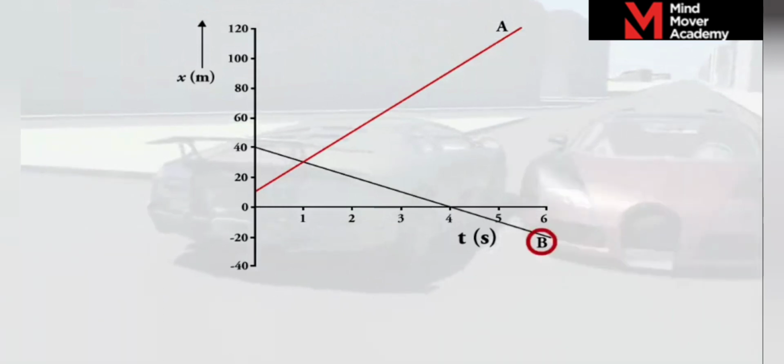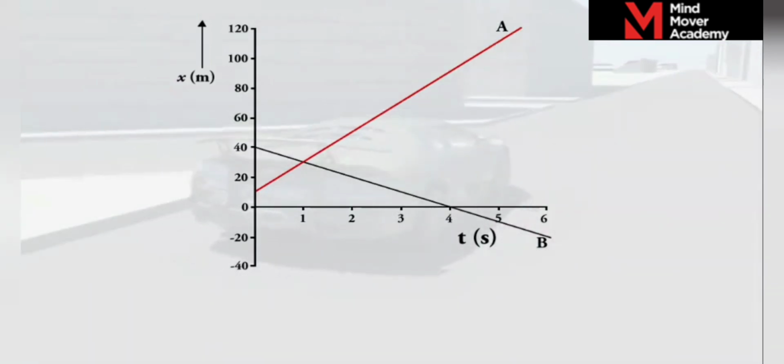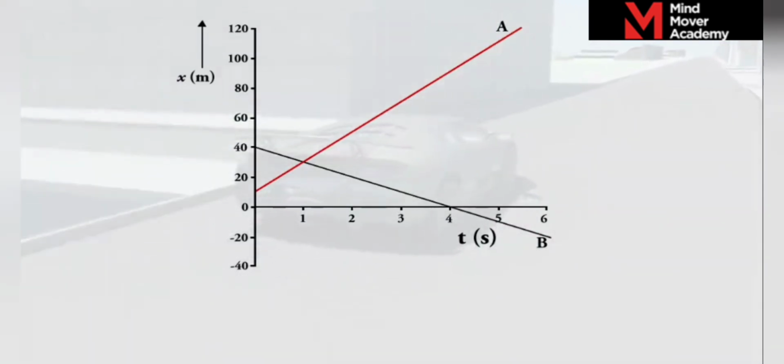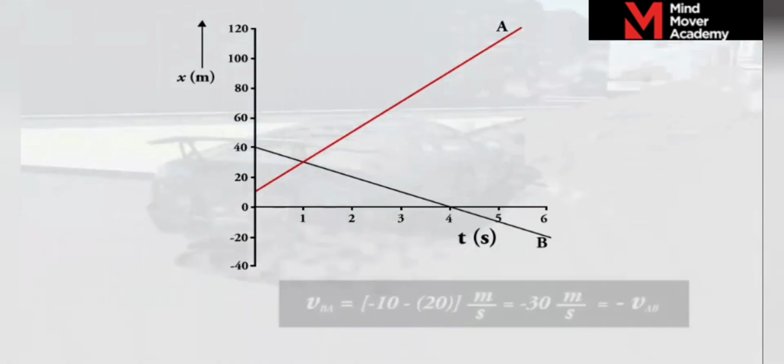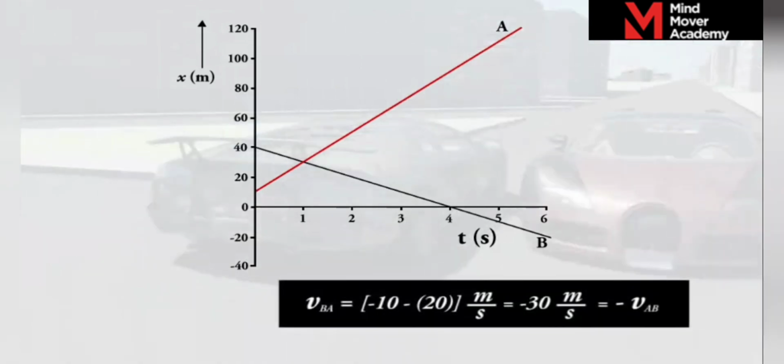The velocity of B relative to A, VBA is equal to minus 10 minus 20 meters per second is equal to minus 30 meters per second is equal to minus VAB.